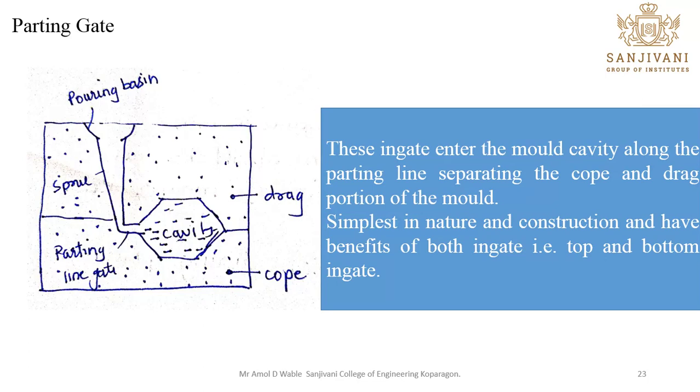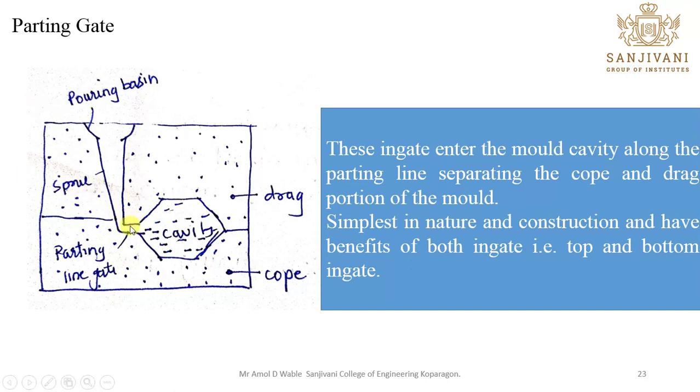If you want both advantages, that of top gate and bottom gate, at the same time, then you can use the parting gate. In a parting gate, the gate will be present exactly between the drag and cope side. Here you can see the figure.